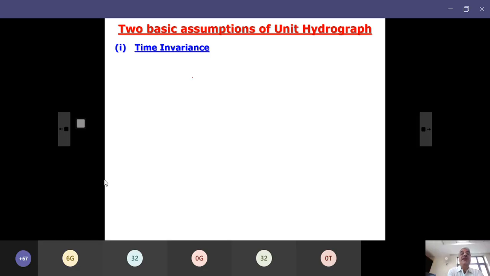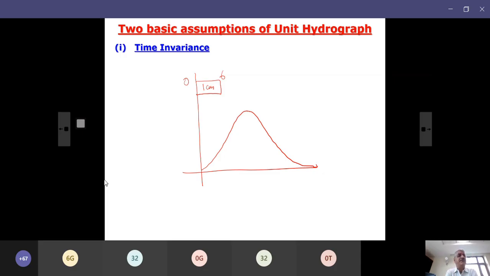Time invariance means, let us say this is my hydrograph and 6 hours unit hydrograph I am plotting. So this is 0 hours, this is 6 hours, and this is unit rain, and this is my unit hydrograph. Now it says this shape will remain same irrespective of at what time my rain has occurred. Now let us say rather than happening here, my rainfall has occurred between 6 to 12 hours.